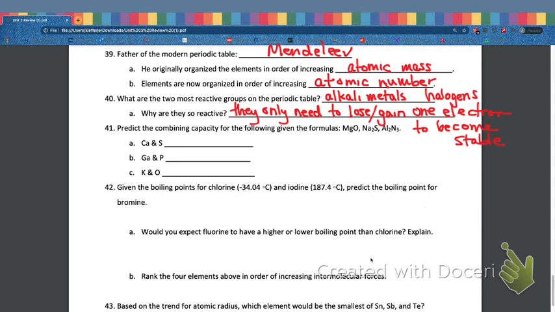Okay, so the alkali metals just have to lose one electron and they're stable. They have a noble gas electron arrangement. The halogens just have to gain one electron to become more stable.